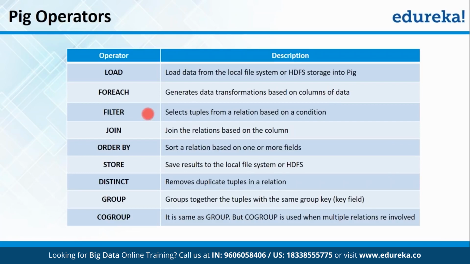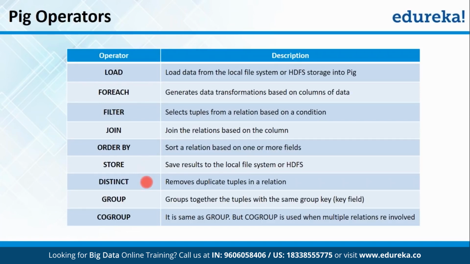Filter is as simple as filtering the relation on the basis of a condition. Join is to join two tables or relations on the basis of a column. Order by is to sort a relation or values on the basis of one or more fields. Store is another relational operator used to store the data onto the HDFS or the local file system.